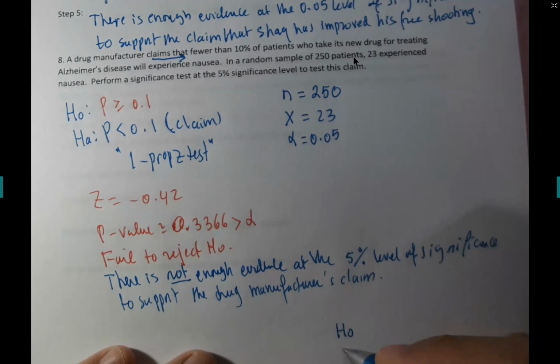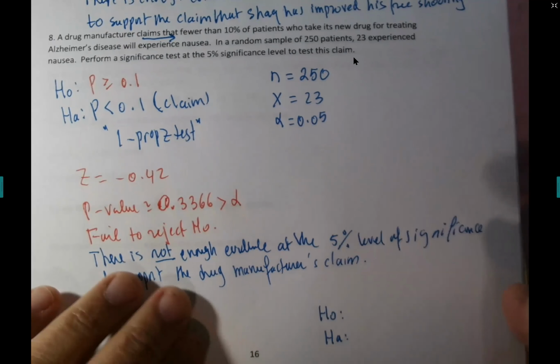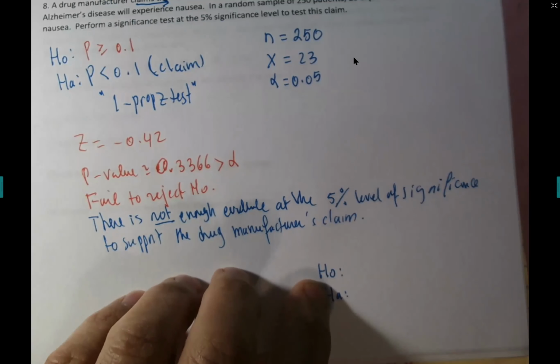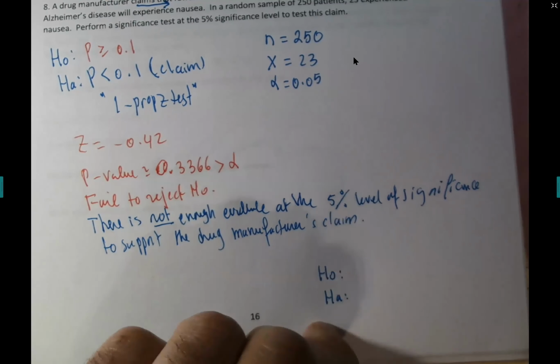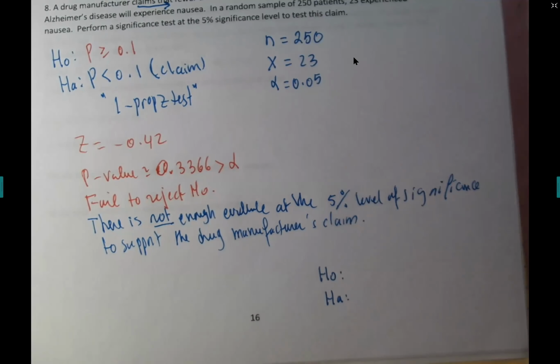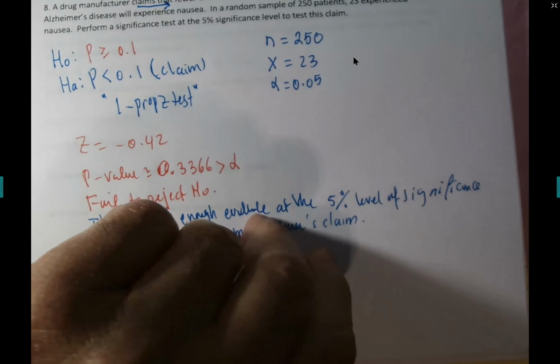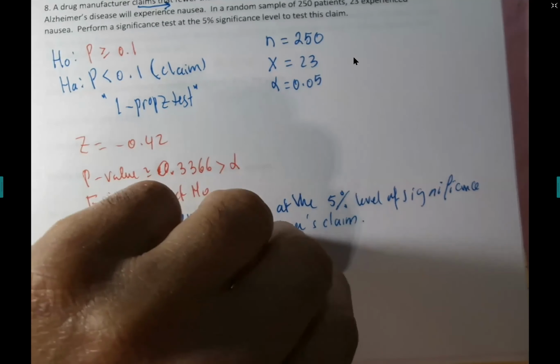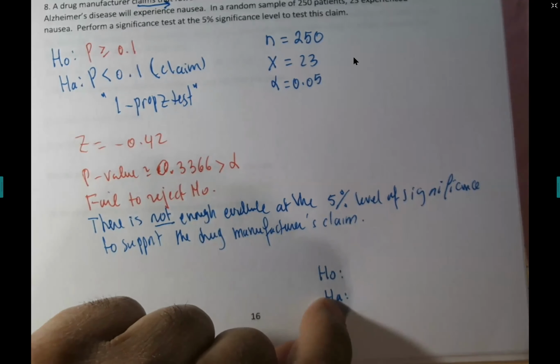Again, guys, this is just in summary. You have these two competing hypotheses. They're total opposites of each other. If one prevails, the other will fail automatically. So when you say you reject H0, that means you're supporting the second one.